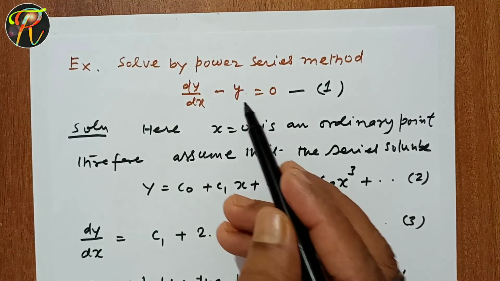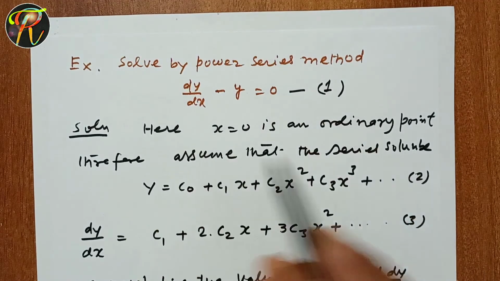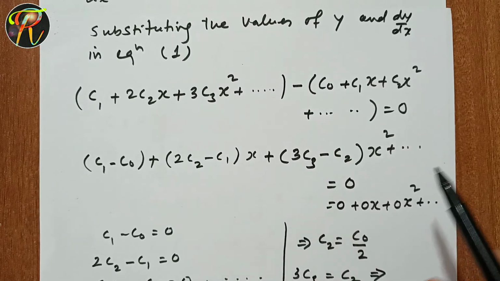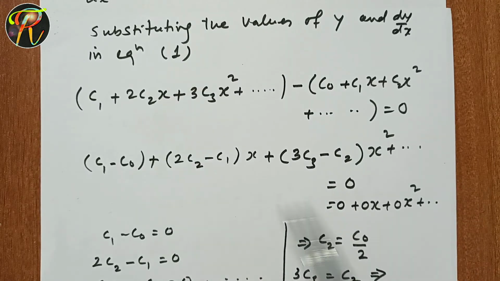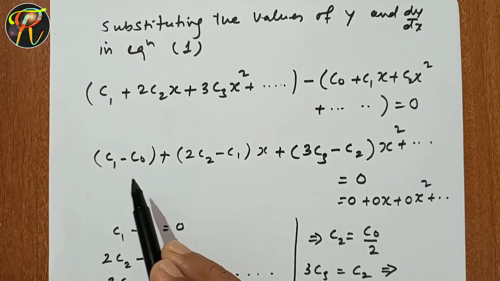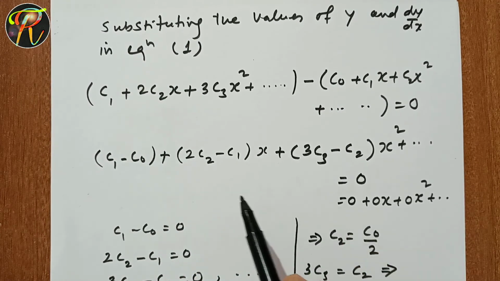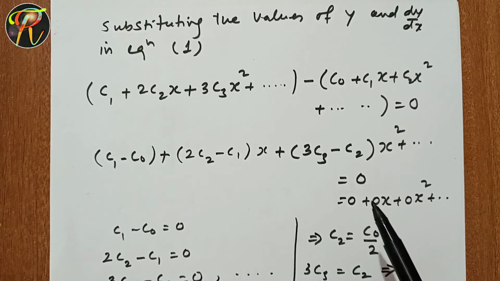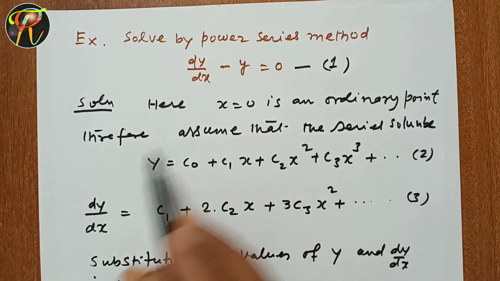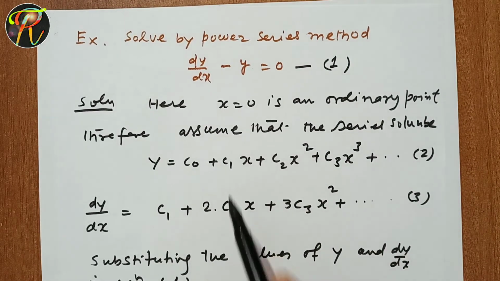Then we put y and dy by dx in the given equation 1, and then we equate the coefficients of the constant, x, x square, x cube to 0. Then we calculate the values of the constants c1, c2, c3 in terms of one constant, and then put all the values in the given series. So this will be the answer.